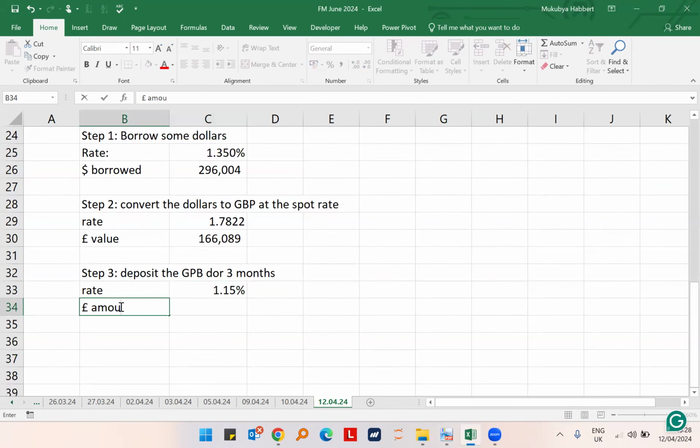With the forward rate for 3 months, we got 168,067. Therefore, on the face of it, we'll choose the forward rate, the one which gives us a better receipt. So we choose the forward rate.